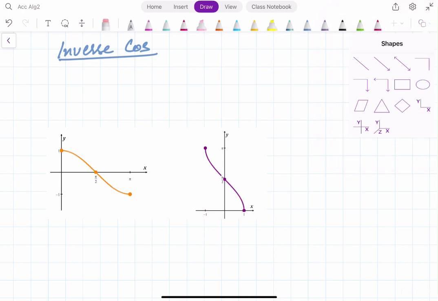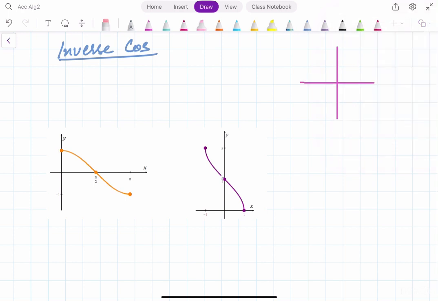So the domain of the cos function will be the range of the inverse function. Range of the cos function will be the domain of the inverse cos function. And we can see the waves are on the y-axis.